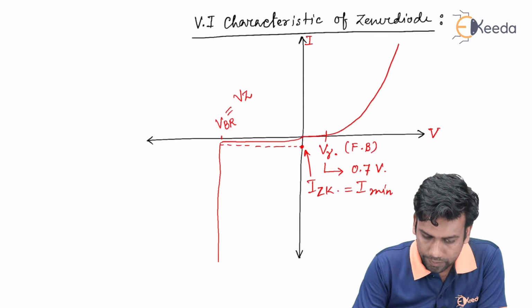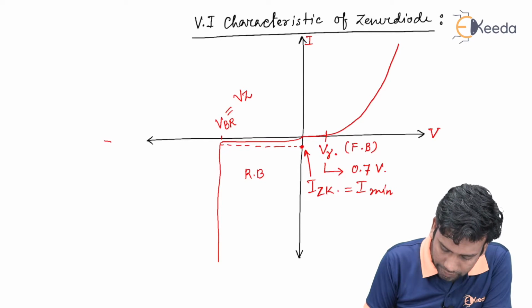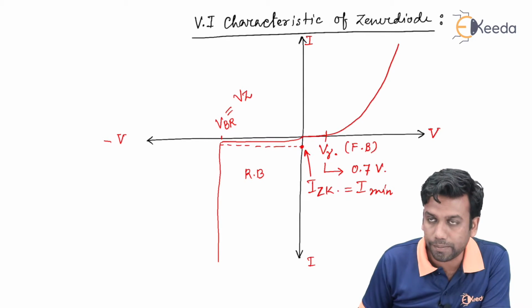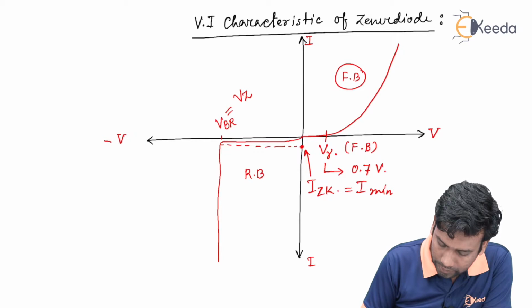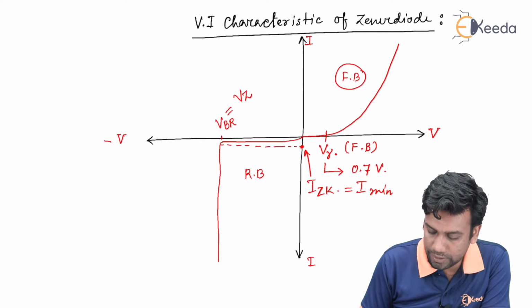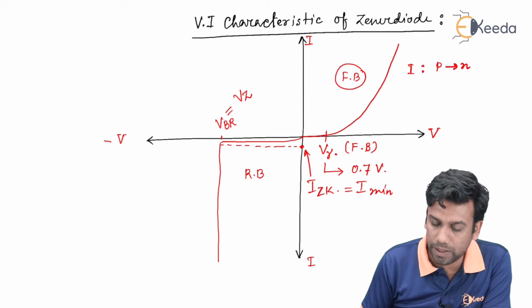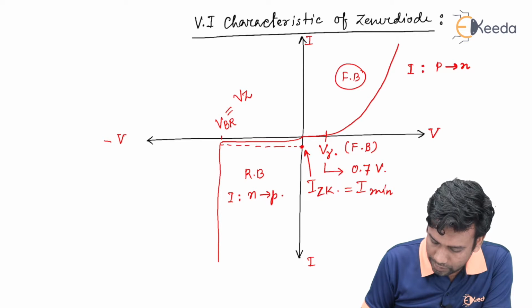So, let us see when the Zener diode is in reverse bias, that is the third quadrant, where the voltage will be negative and the current will be negative. That means, in the forward bias section, since the current is positive, we can say that current will flow from the P side to the N side, and in the reverse bias section the current is negative, so we can say current I is flowing from the N side to the P side.